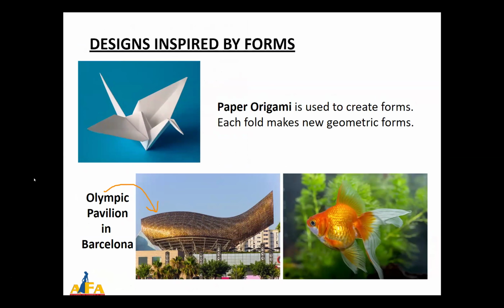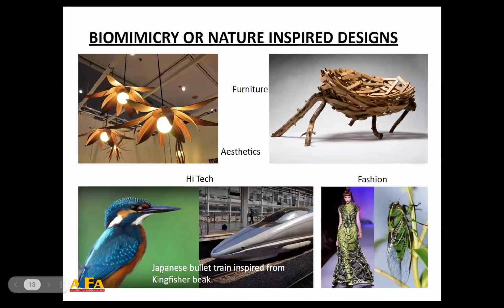So this you can write if you want. Olympic Pavilion in Barcelona. It is inspired from the form of fish. Now look at this Japanese bullet train inspired from the beak of kingfisher. And you can see rest of the example. We get so many examples which are created taking inspiration from one thing or the other.